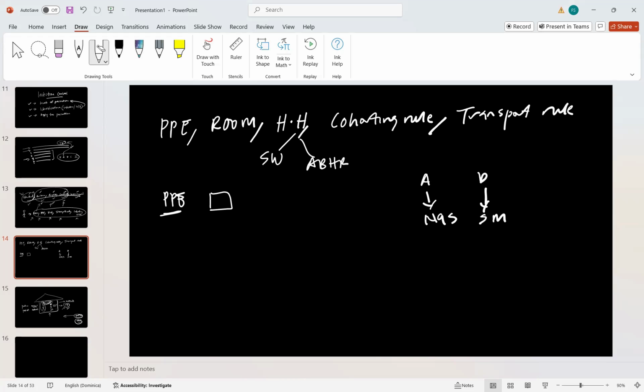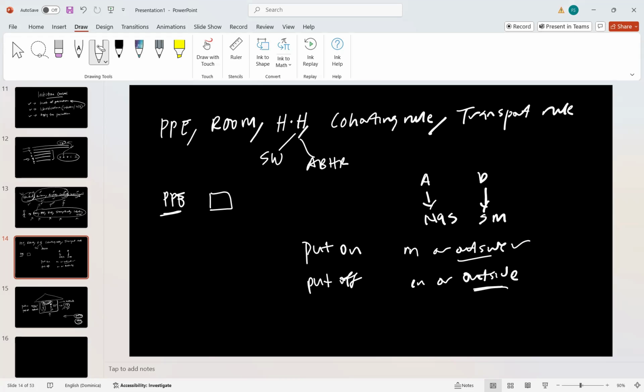Now, for the PPE, where do we put it on and where do we take it off? Is it inside or outside? I'd say put on inside. No, put on outside, take off inside. Inside. It's also outside. Okay, so for both of them, you take off outside.